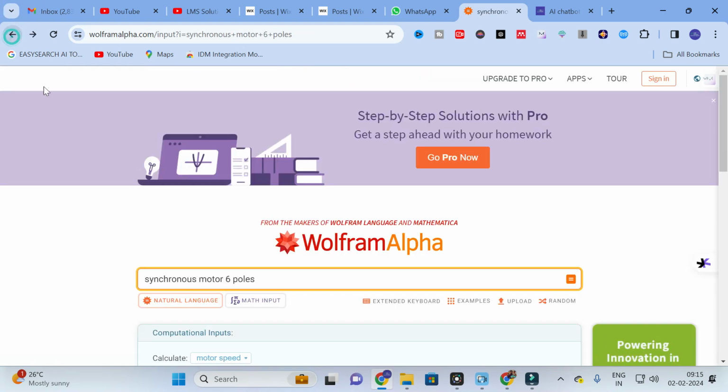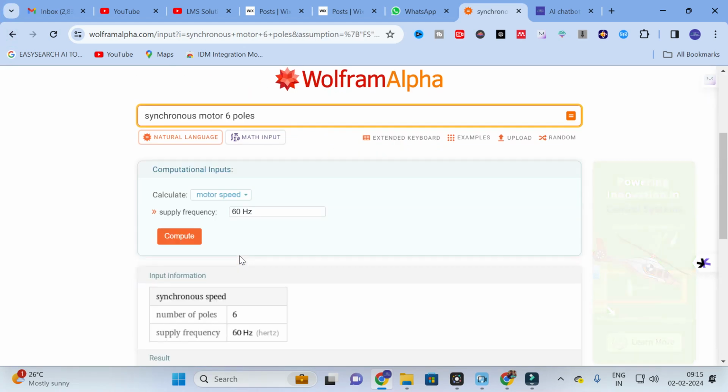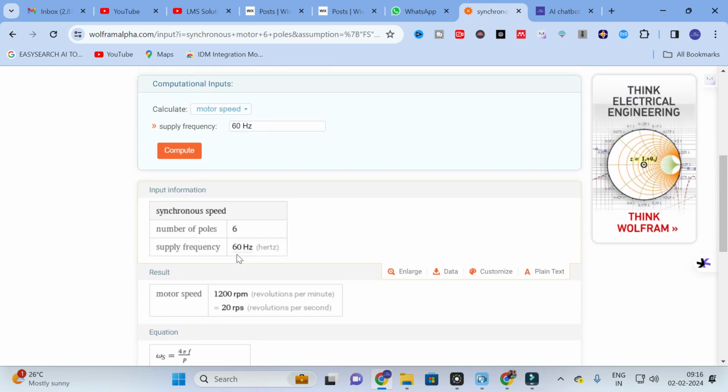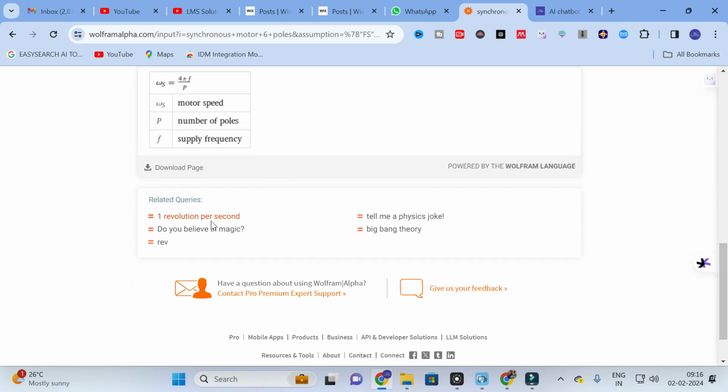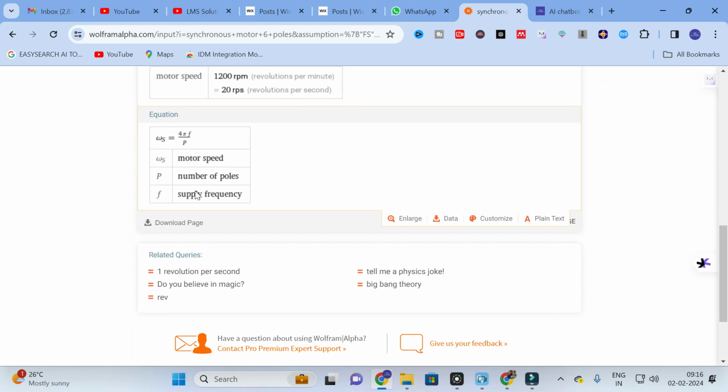So go back and click on compute. I am going to fix it as 60 Hz only. Here you can see all about this motor. Here you can see the equation omega s equals 4 pi f divided by p. Here you can download this page, or you can have related questions.